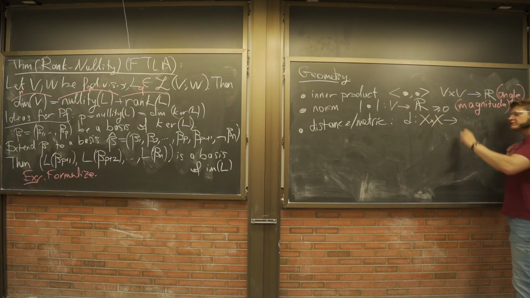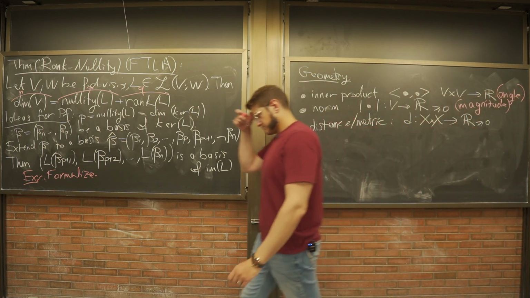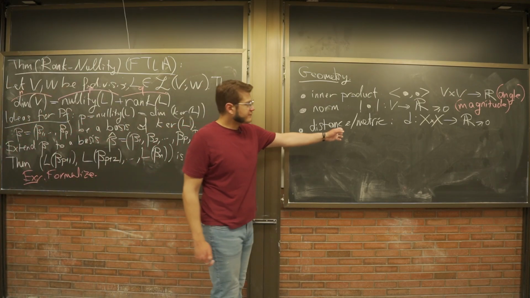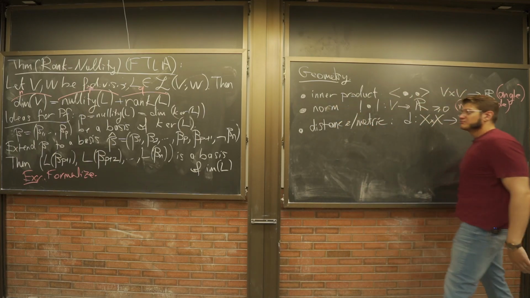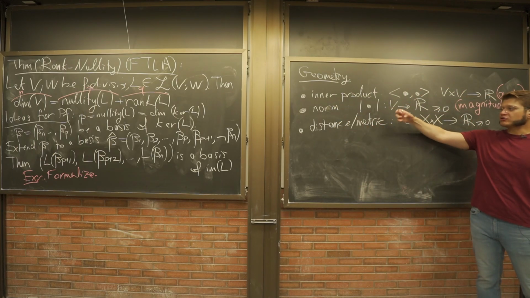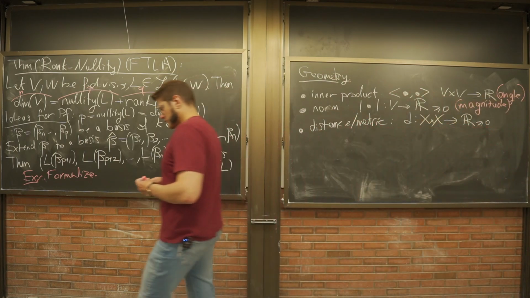It takes 2 points and gives you again a non-negative number, which is supposed to be the distance between these 2 points. Okay. Confusingly, often in applications, this too is called the metric, because it turns out that any inner product induces a norm, and any norm induces a metric in this sense, but not vice versa necessarily.